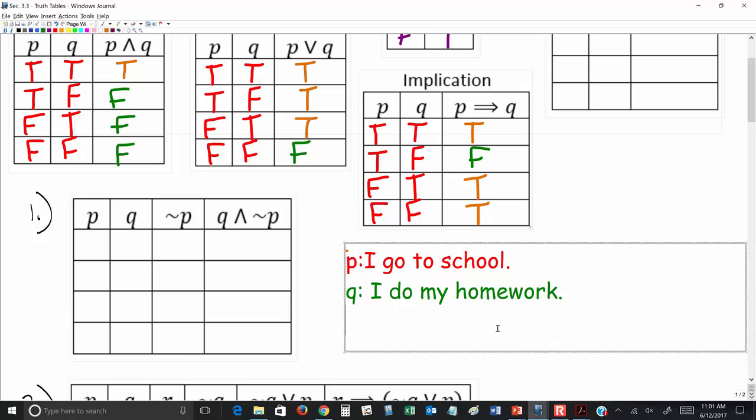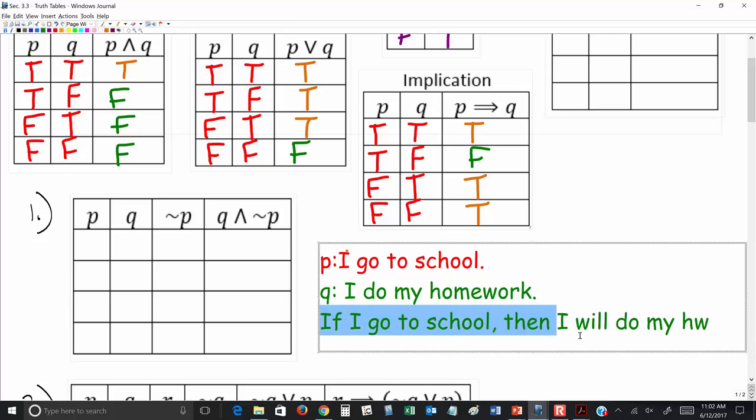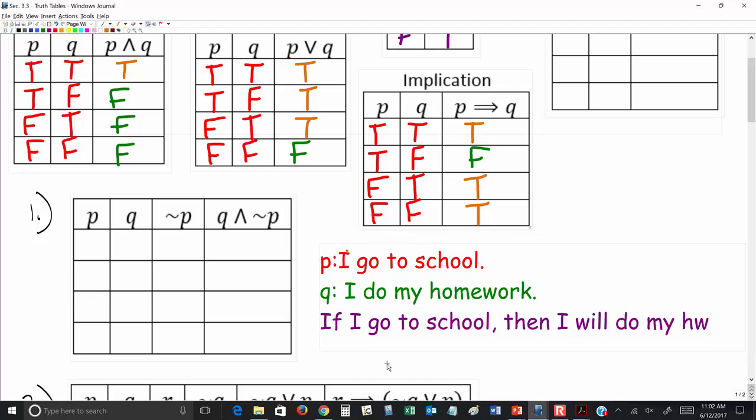So the P implies Q statement would be, if I go to school, then I will do my homework. All right, so that's the P implies Q statement. If I do go to school and I do my homework, then this statement was true, right?